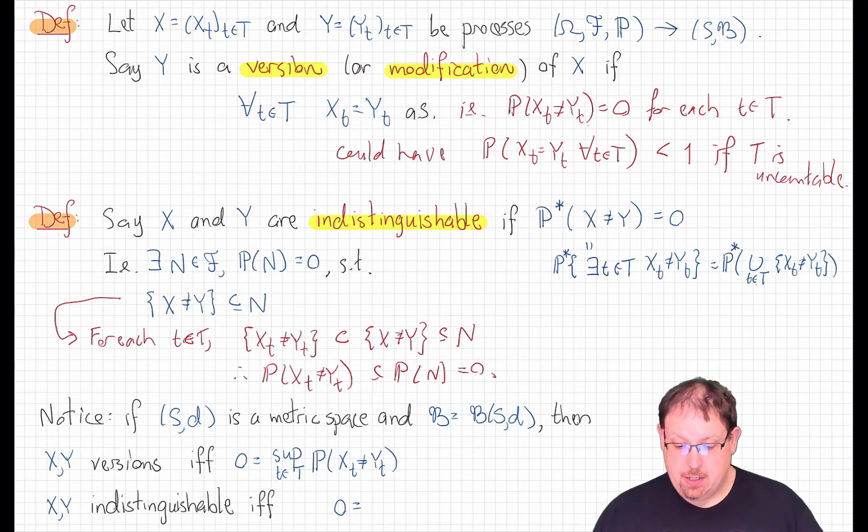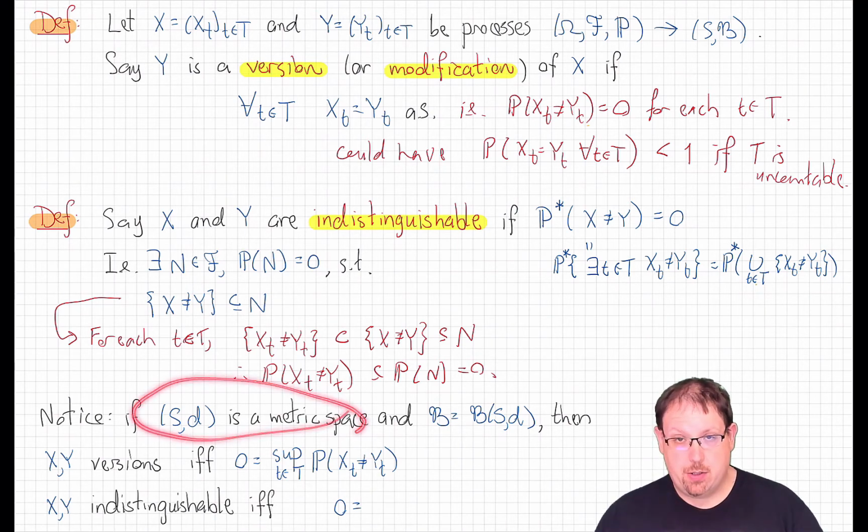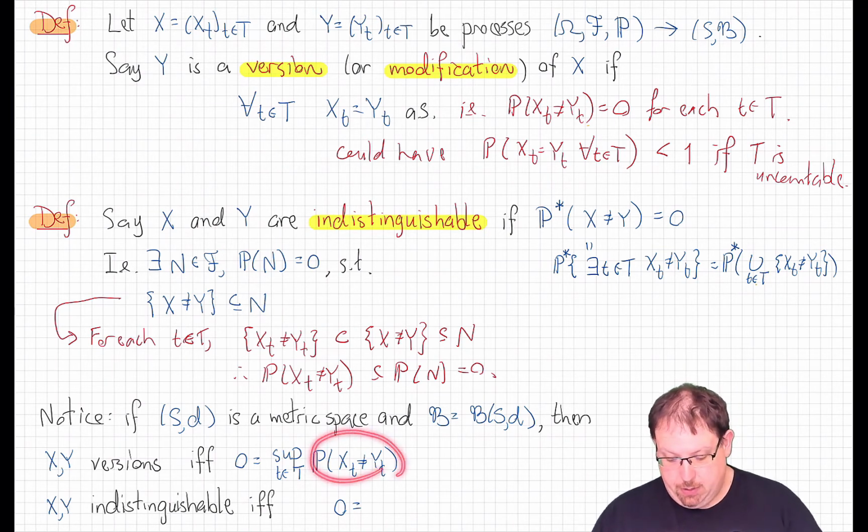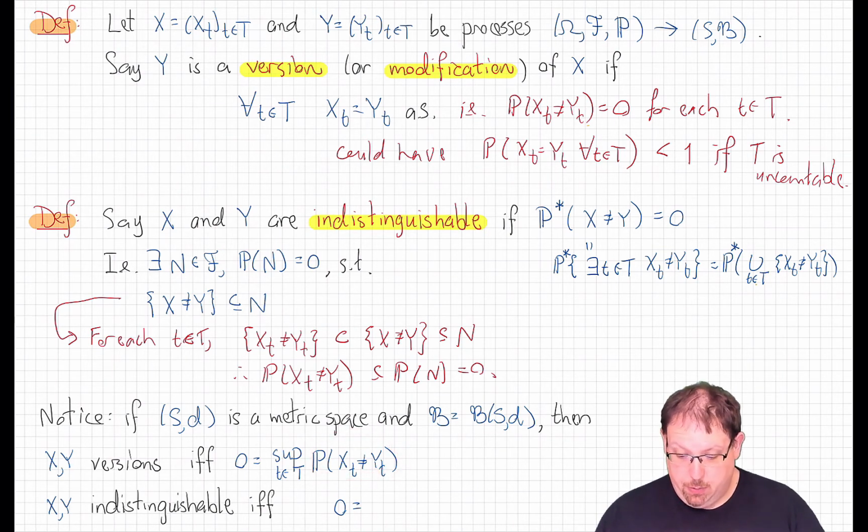Now, to put things in a quantitative form, let's just note that if our state space is actually a metric space, and we're going to henceforth assume that going forward so that we can actually do some analysis here, and then we'll naturally take the sigma field on the state space to be the Borel sigma field, then to say that x and y are versions of each other is exactly to say that the probability that x_t is not equal to y_t, well, that's supposed to equal 0 for every t.